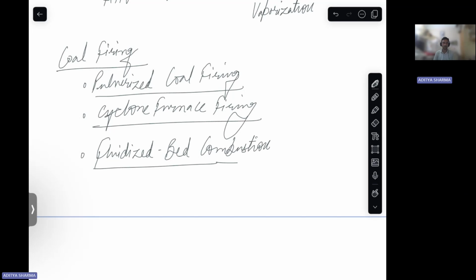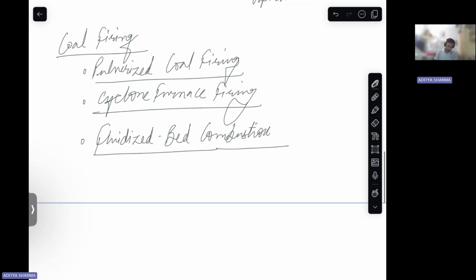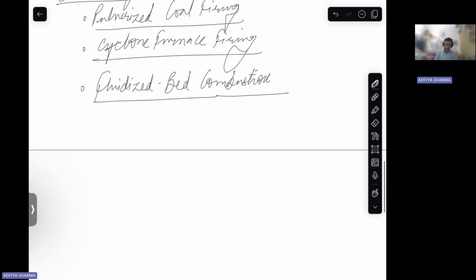So this is your major type of combustion. So what is there in fluidized bed combustion? The structure is something like this.